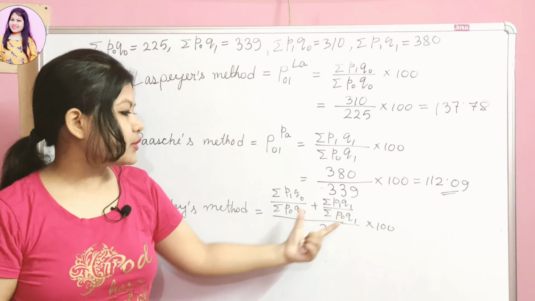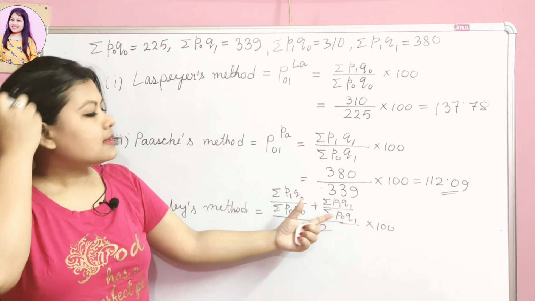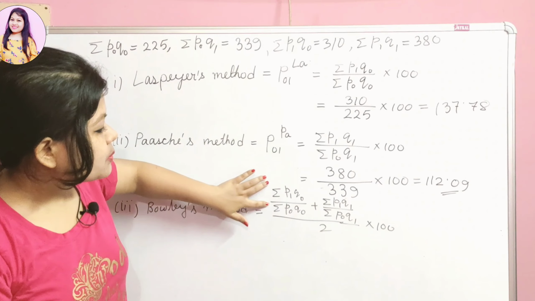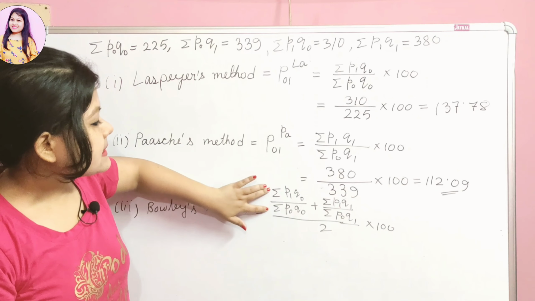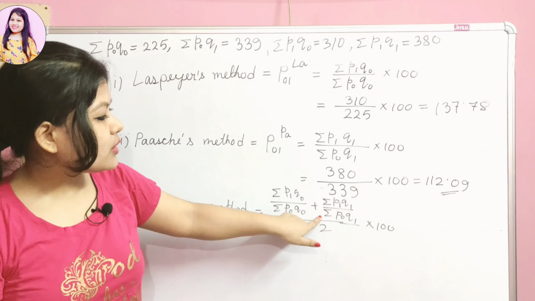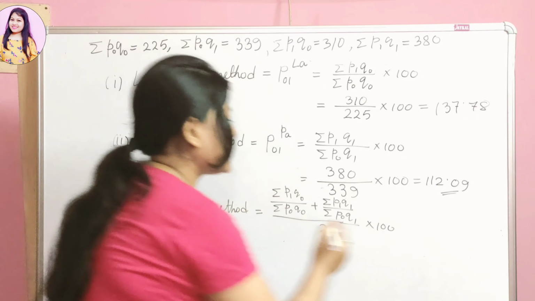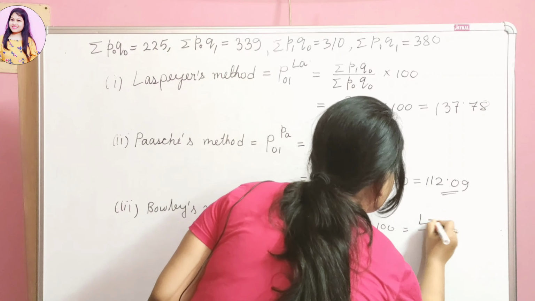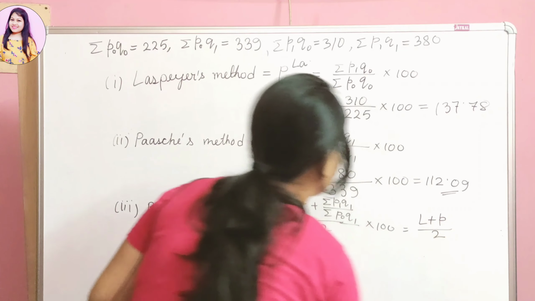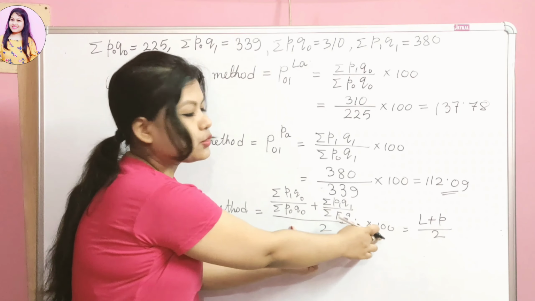But if you simplify these two formulas, then you can see that this formula is the same as Laspeyres' method and this formula is the same as Paasche's method. Therefore, we can write L plus P divided by 2, because this value is a summation value into 100.